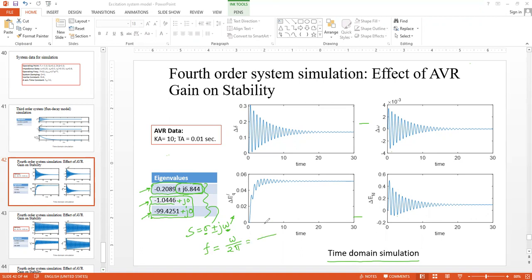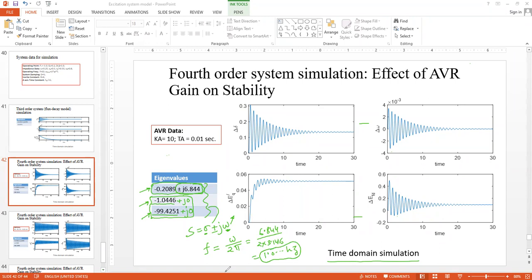Twice pi means 2 into 3.1416, something like 6.28. Dividing, how much does it come? Probably around 2 into 3, so it is 6 point something, less than this. So it is probably 1 point something hertz. So you see, the range of frequency that we are now concerned with is in the range of 1 hertz.